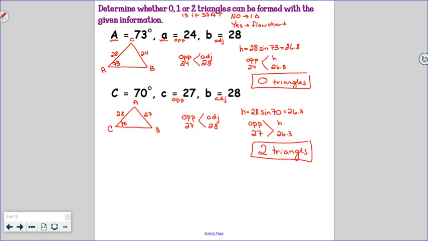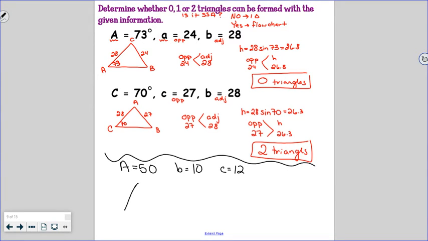Okay. Now, here's what happens as we start doing the work today, and I'm going to add a bonus one here: we just start going through the motions and being robots, and we forget the first question. If I had given us the information that angle A equals 50 degrees, B equals 10, and C equals 12, and we start comparing our sides, again, if I draw that picture for myself, I'd have a 10 here and a 12 here.